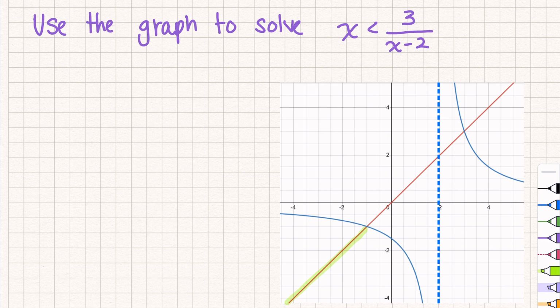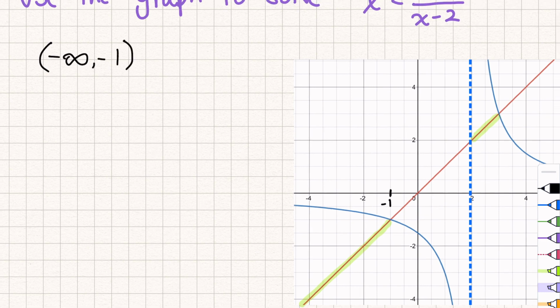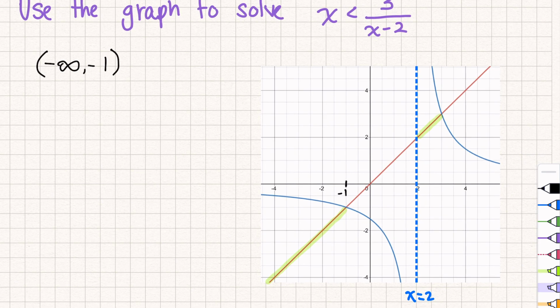Well, from here to here, it's also less than. So how would we write this statement? Up until this point, which is -1, we would say from -infinity to -1, it doesn't include -1. And then what else would we say?